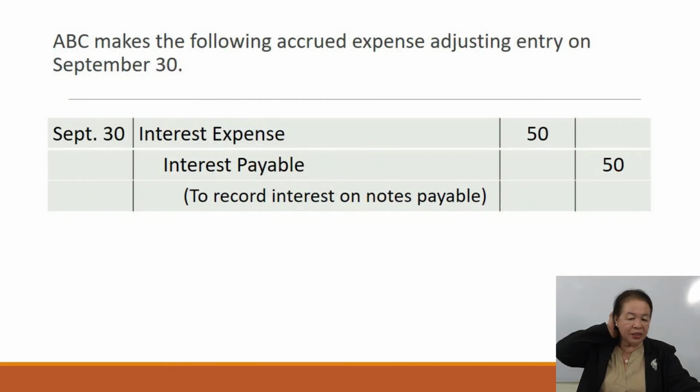So ABC makes the following accrued expense adjusting entry on September 30. What is our adjusting journal entry? Debit interest expense of 50 and then credit interest payable of 50.